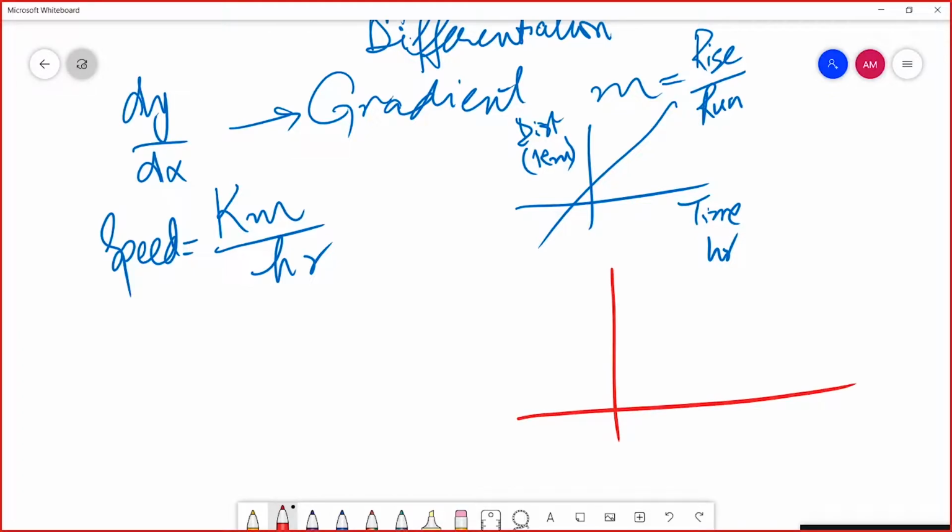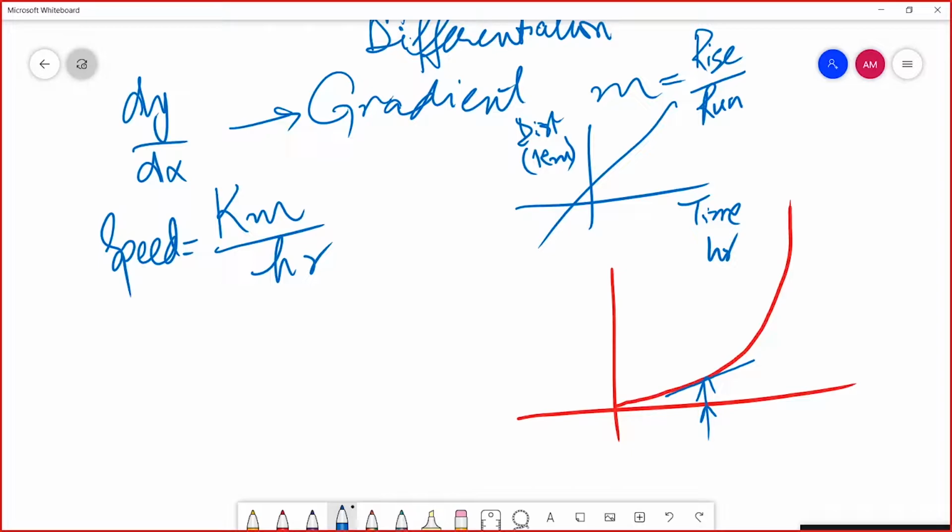Let's say it's not a linear equation like this, rather something non-linear. It may be an exponential type of thing. And then we see the rate of change at this point, say x1, or just at this place.